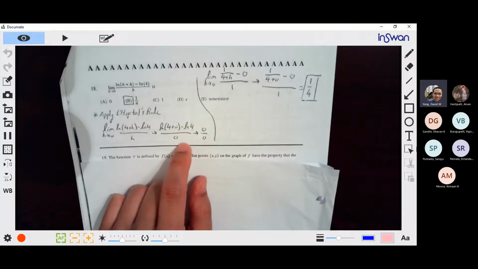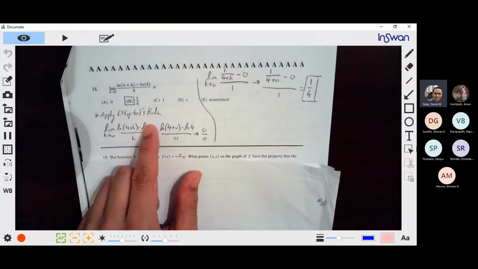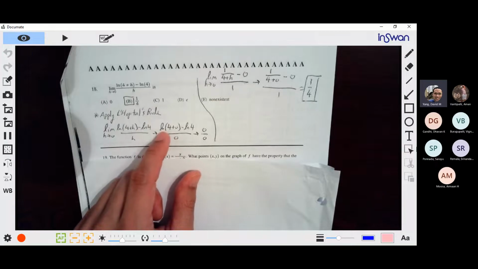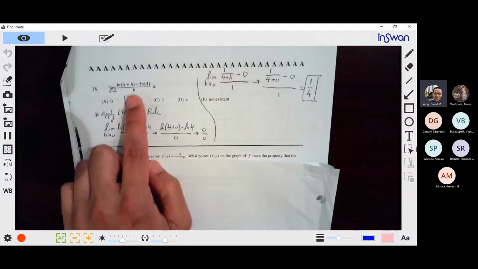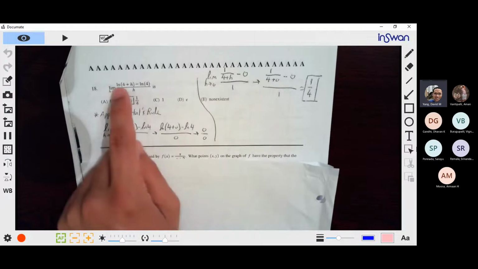And we know that with indeterminate form, we can rely on L'Hopital's rule. L'Hopital's rule says take the derivative of the numerator, and then separately take the derivative of the denominator, reevaluate the expression, and see if that will take you to a real number. So we know natural log of 4 plus h. The derivative is u prime over u, so 4 plus h becomes 1 over 4 plus h.